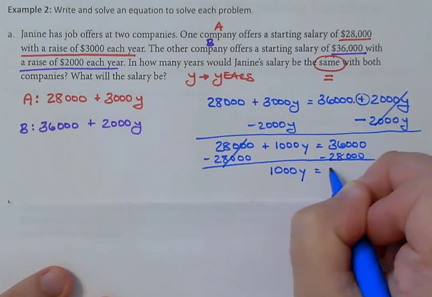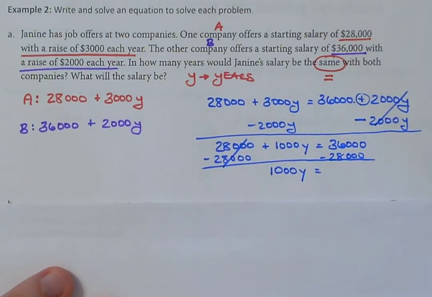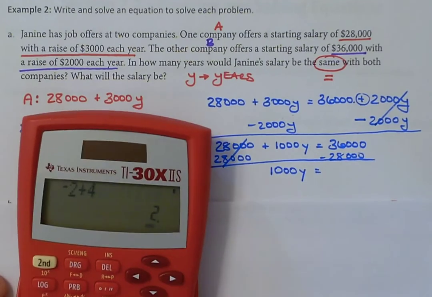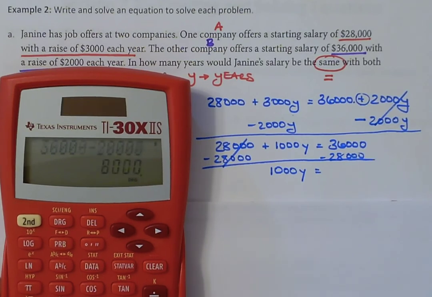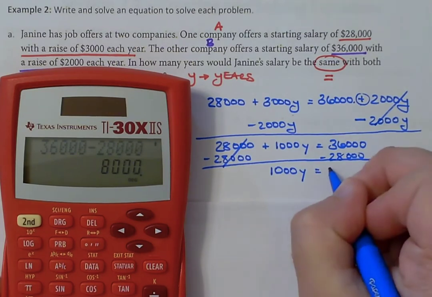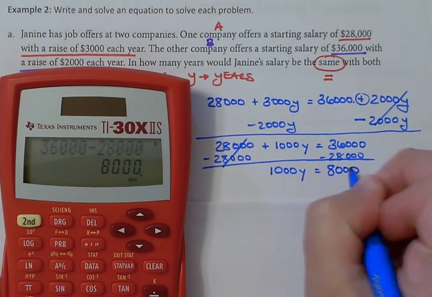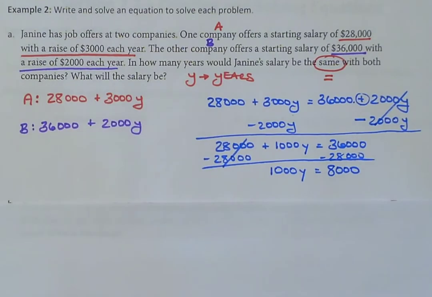So 1,000y is going to equal 36,000 minus 28,000, and we end up with 8,000. So I have 1,000y equals 8,000.